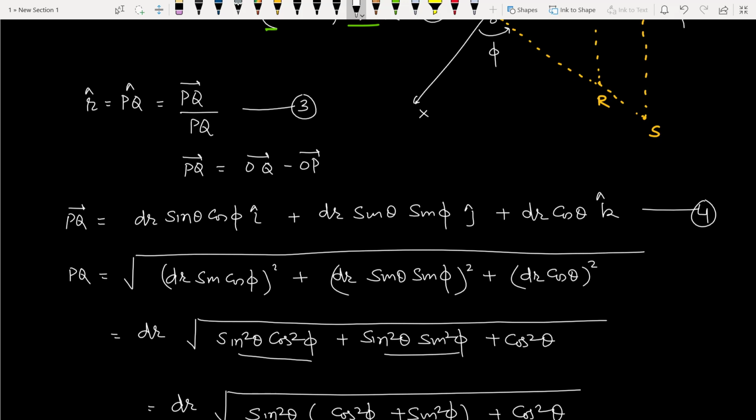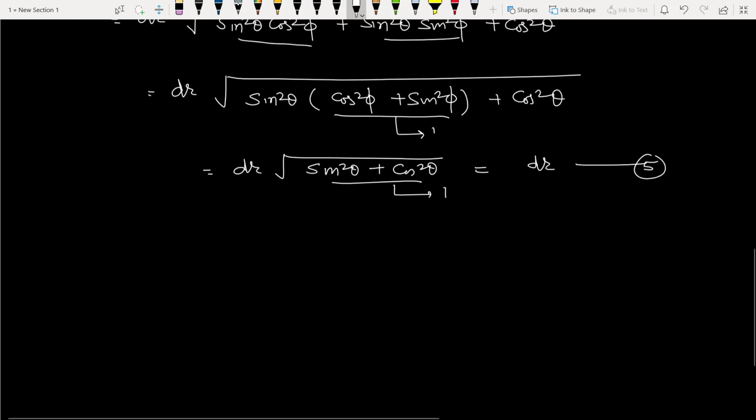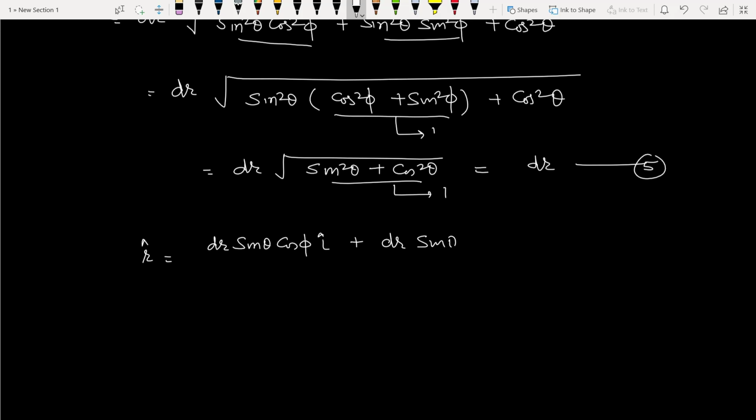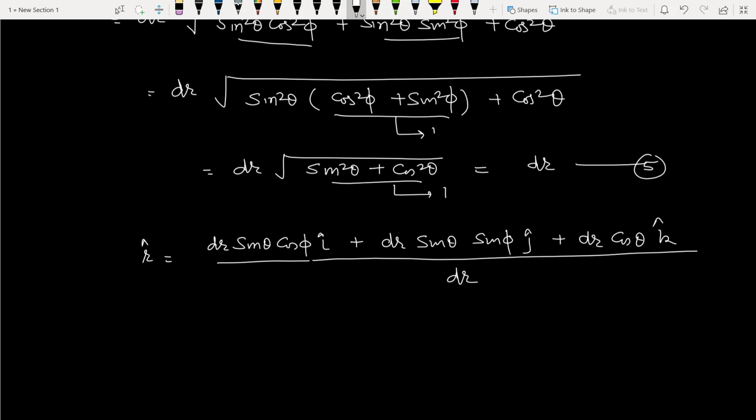So we substitute the values from equation number 5 and 4 in equation number 3, and what we will have is r cap equal to dr sin theta cos phi i cap, dr sin theta sin phi j cap, dr cos theta k cap, divided by dr. So dr in all the above terms will cancel out.